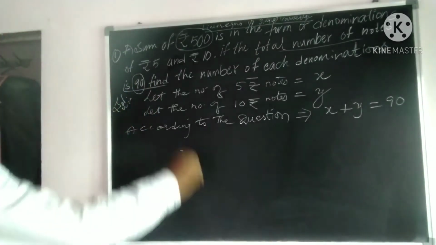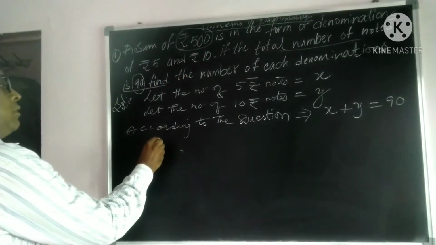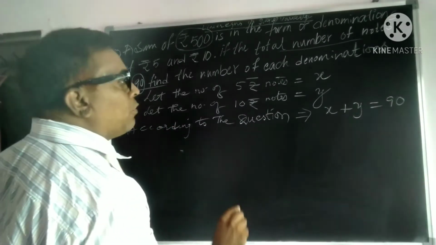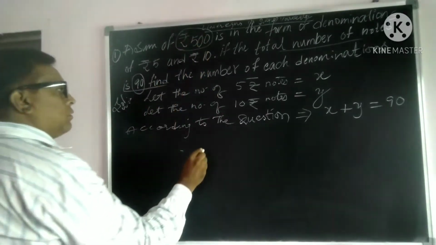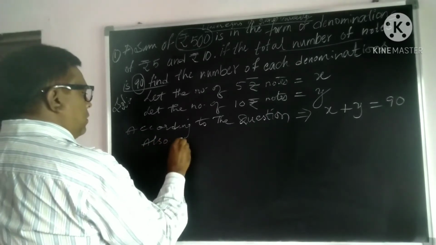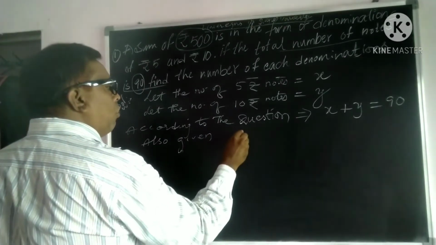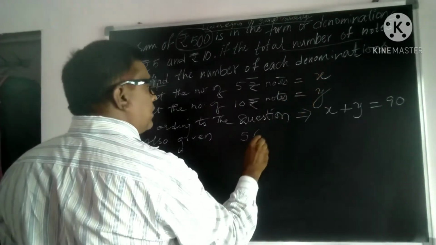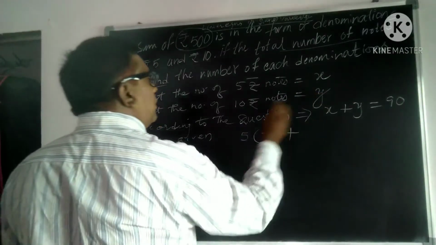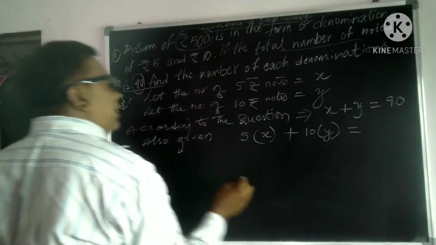Another part is given, that the sum of the rupees is 500, which means the value of the 5 rupees notes and the value of the 10 rupees notes sum to 500. So 5 into x, plus 10 into y, should be equal to 500.